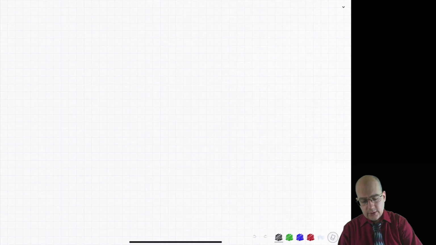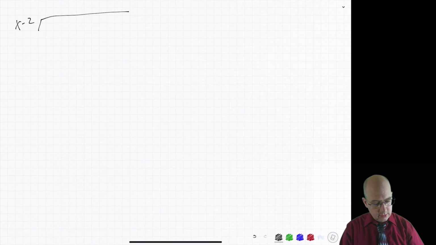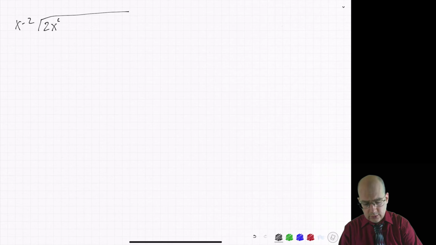So here's our problem. We're going to do x minus 2 divided into 2x to the 4th minus 3x cubed plus 4x squared minus 7x plus 1.